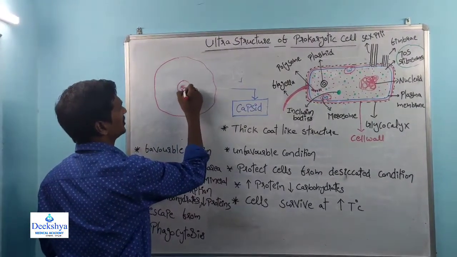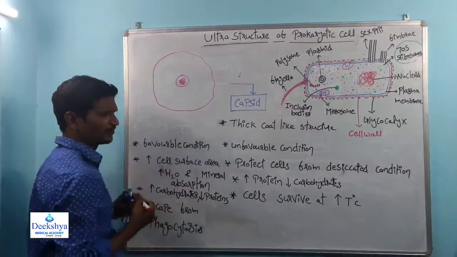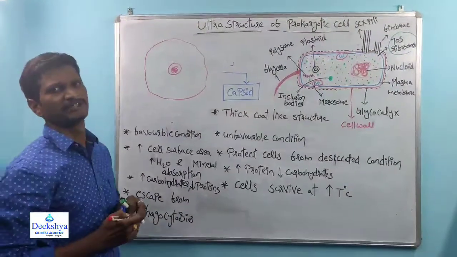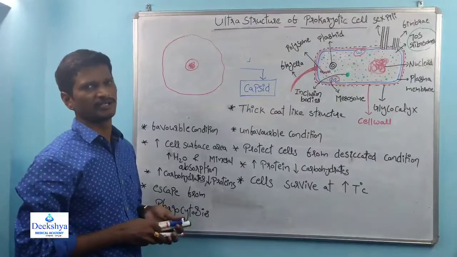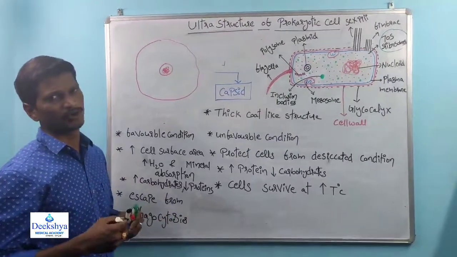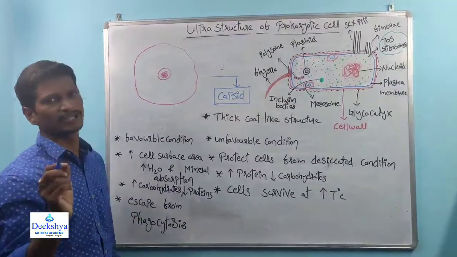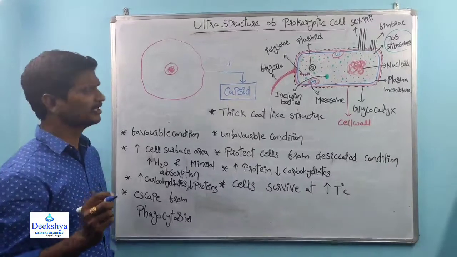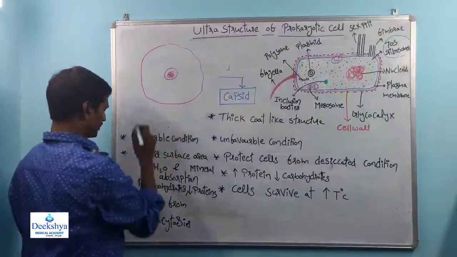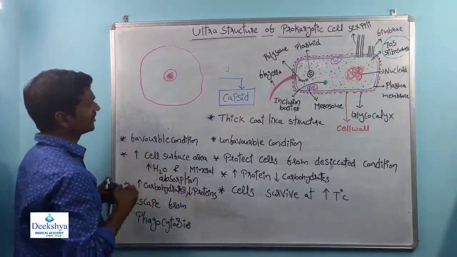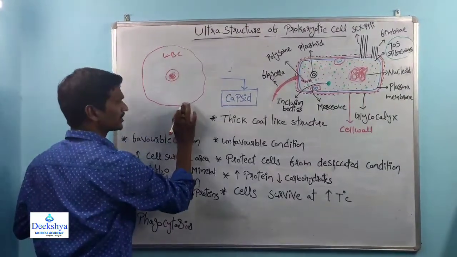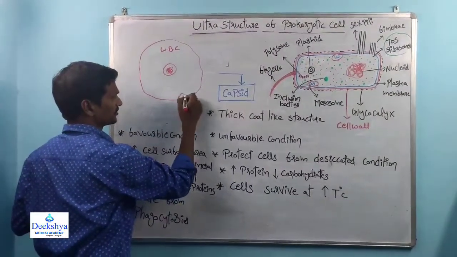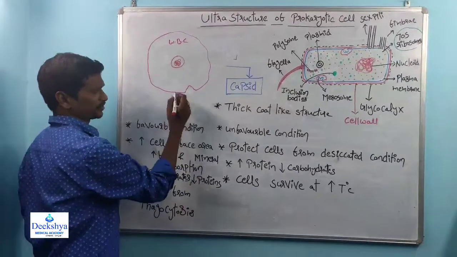White blood cells have an amoeboid shape and are involved in defense mechanism. Any pathogen or foreign particle entering our body is destroyed by the white blood cell through the phagocytosis process.